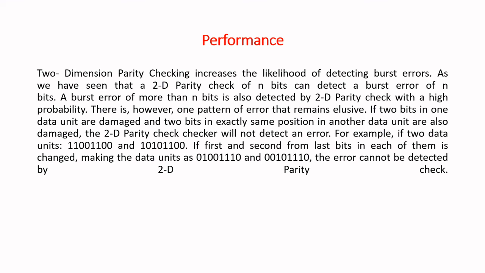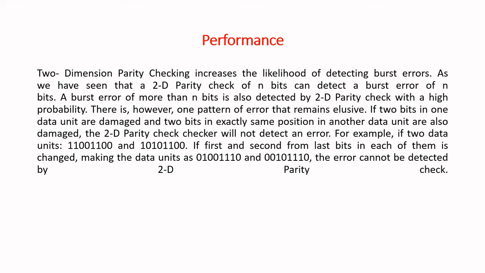There is, however, one pattern of error that remains elusive. If 2 bits in one data unit are damaged and 2 bits in exactly the same position in another data unit are also damaged, the two-dimensional parity checker will not detect an error. So this is the problem with the two-dimensional parity check.